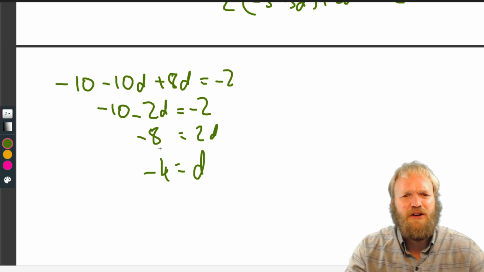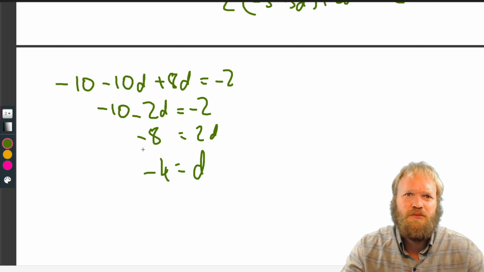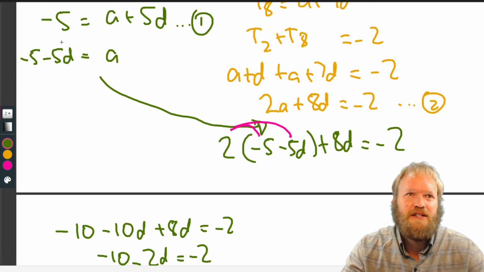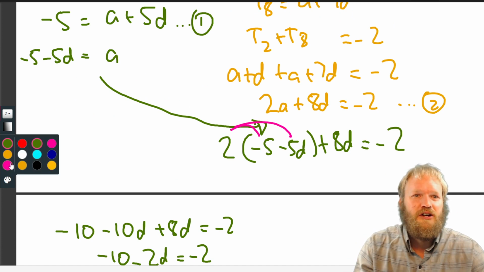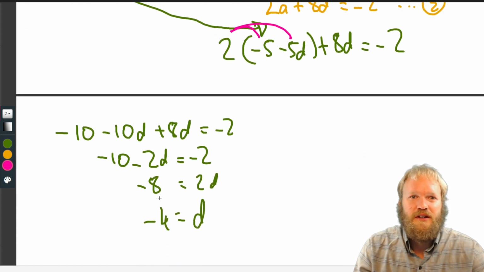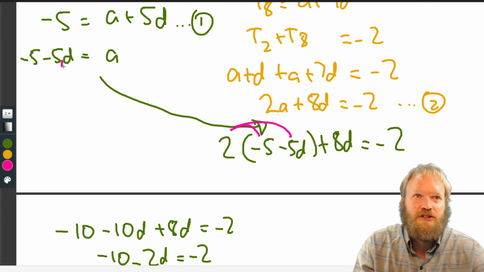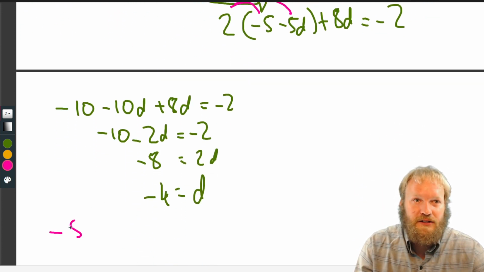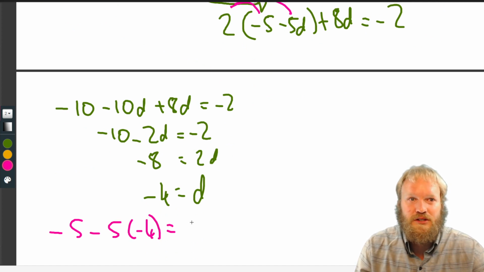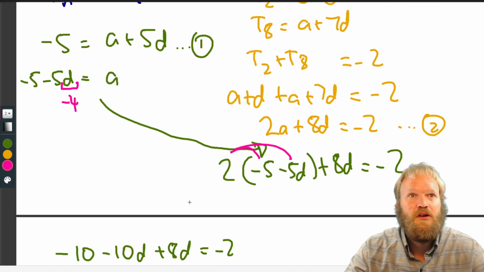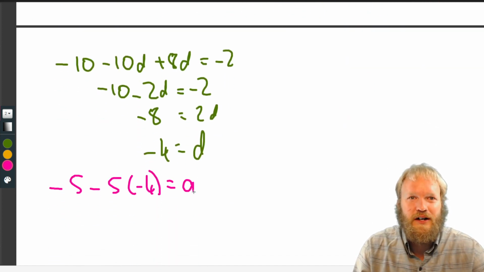And so how are we going to find out A now? Well, we can just substitute it back in here. So we know that if D is -4, we're basically just going to make that one -4. So -5 minus 5 times -4 equals A. That's what we're trying to find, right?